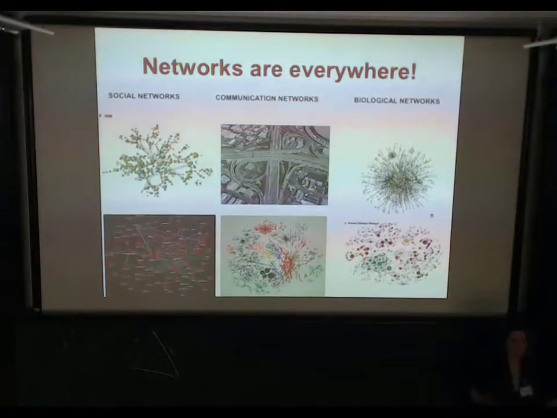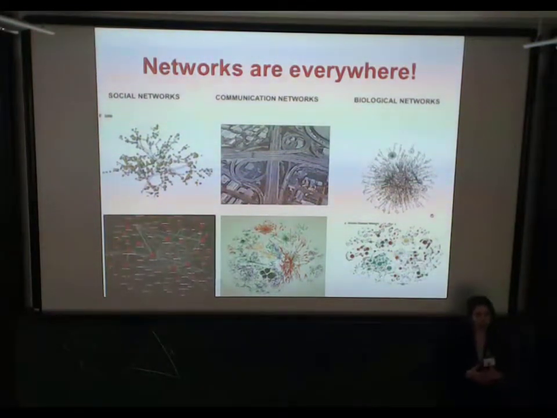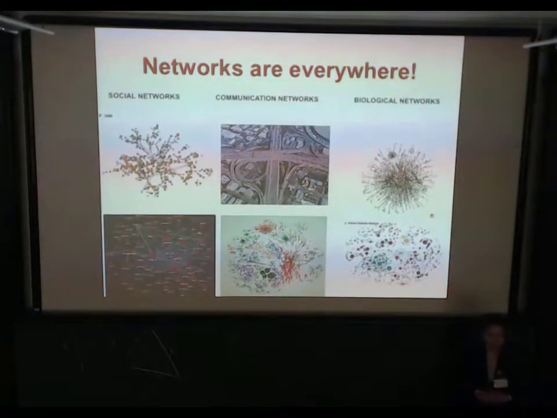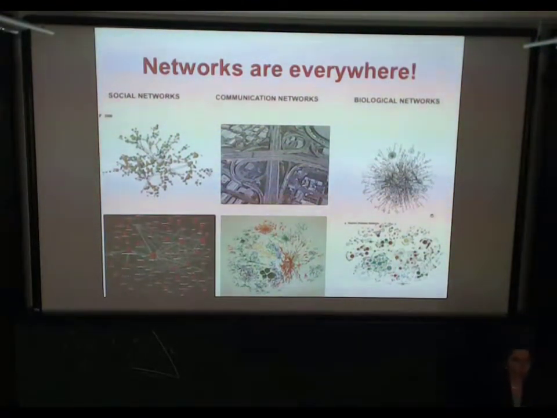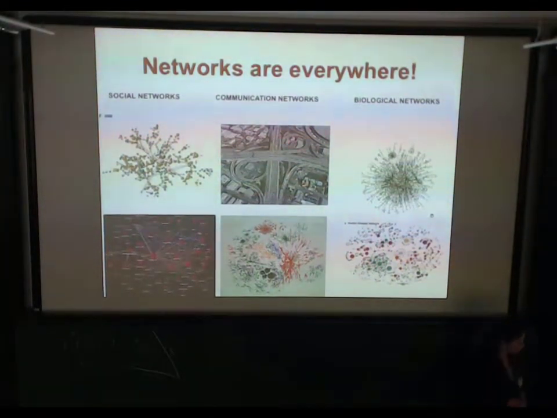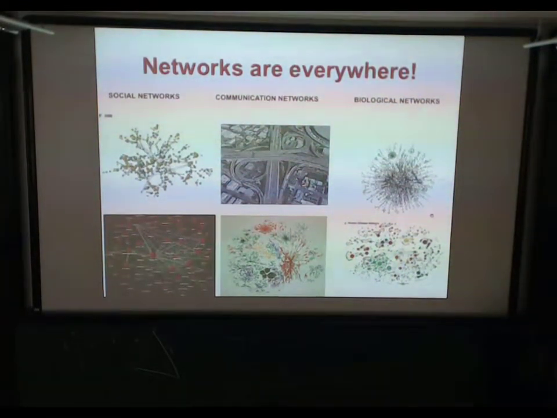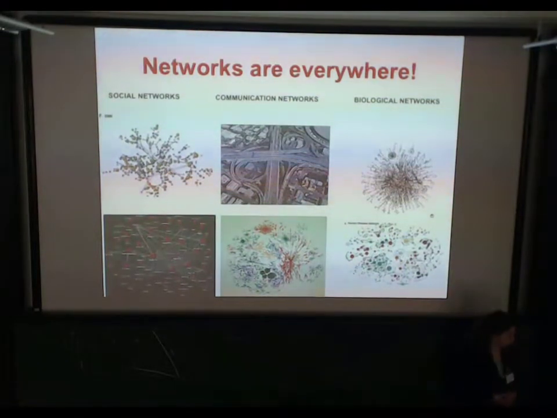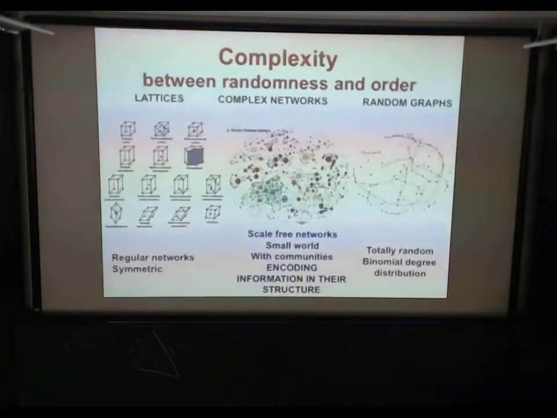So although these networks are very different, there are general questions that can be asked: how do they respond to perturbation, what is their structure, what is their topology, and so on. And this has been attracting the field for a long time now.